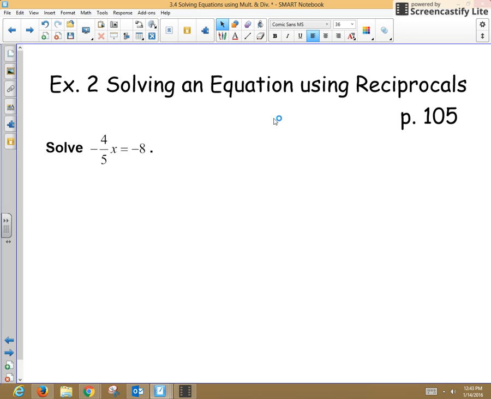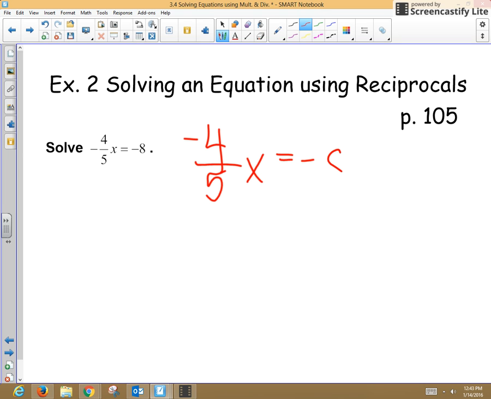Okay, example 2 is solving an equation using reciprocals. Now, we have negative 4/5 x equals negative 8. Now, it's negative 4/5 times x. I'm going to write this down. Equals negative 8.